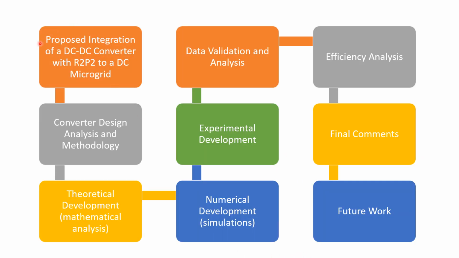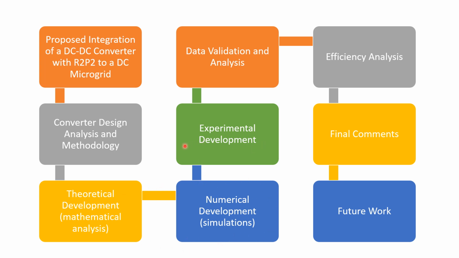The article presents the proposal to integrate a DC-DC converter based on the R2P2 concept to DC microgrids, analyzing both the design methodology and the operating analysis of these methodologies. This leads to a mathematical analysis followed by a validation through numerical simulation.